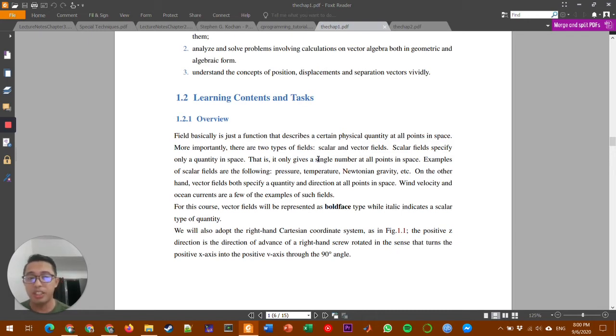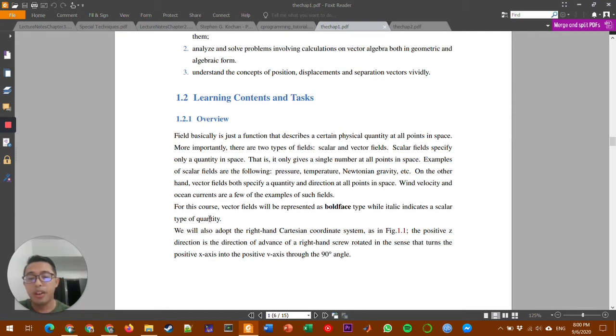So direction matters. For example, wind velocity. With wind velocity, the strength of the wind matters, and also where it is going: north, east, west, or south. So that's vector fields. Direction is important, and also the magnitude or the value. We also have ocean currents as an example of a vector field.